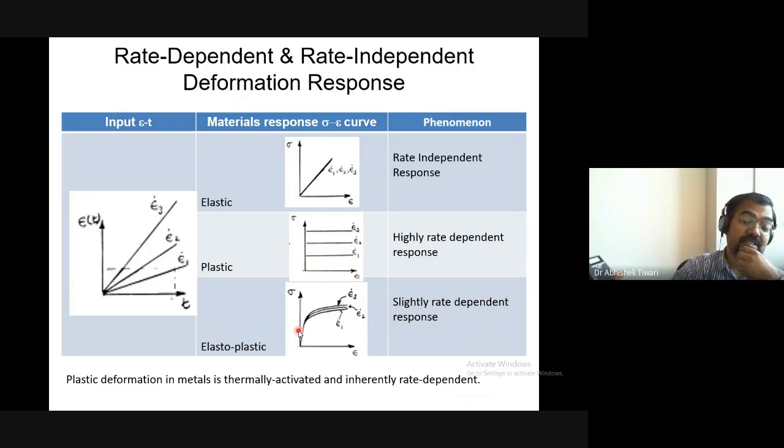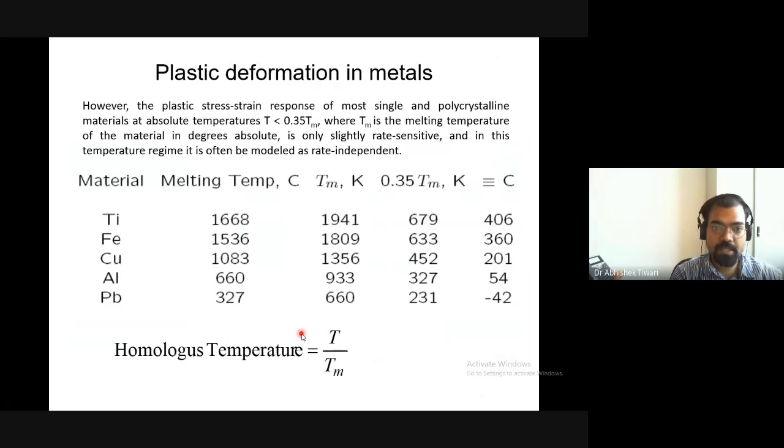But if you change the strain rate to 1000 meter per second or 2000 meter per second, which is done in an impact test, then the elastic modulus will be changing. If you do not change the strain rate to that amount, then the elastic modulus remains the same, but the plastic part shows the time dependence or the strain rate dependence.